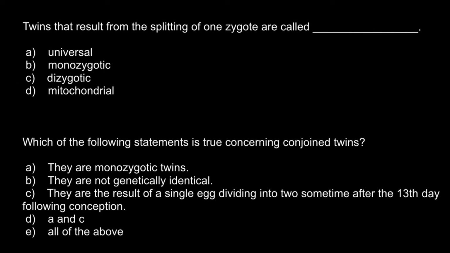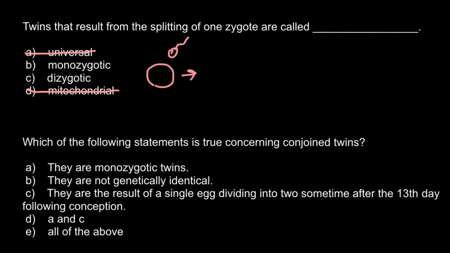We can cross out answer A right away. There is no such thing as universal twins, and there is no such thing as mitochondrial twins. So basically we have to choose between answer B and C, and this is what's going on when an egg cell is fertilized with sperm.